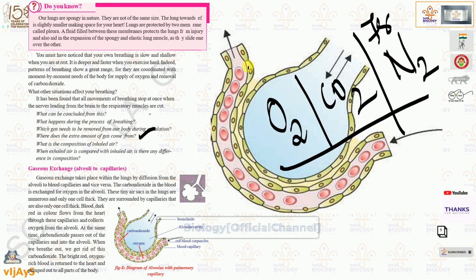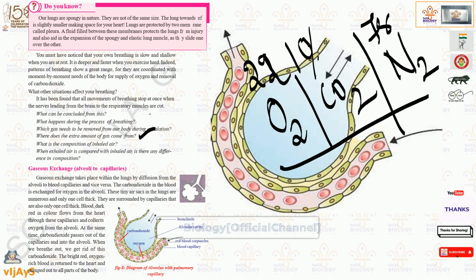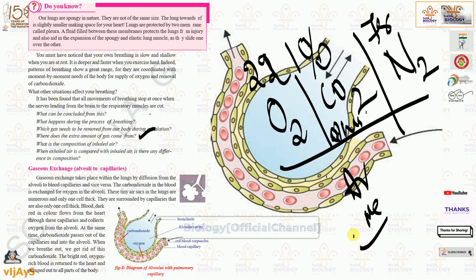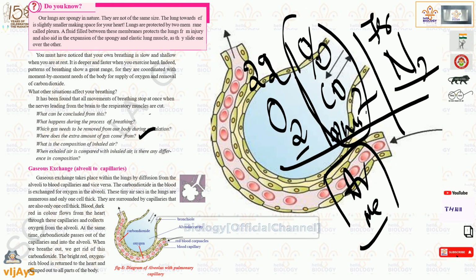Nitrogen will be 78% and oxygen will be 21 or 22%, and the remaining 1% is carbon dioxide and other gases like argon and neon, stable gases. So 78% nitrogen, 22% oxygen, and 1% other gases, in which carbon dioxide is included. This is the answer for the fourth question.